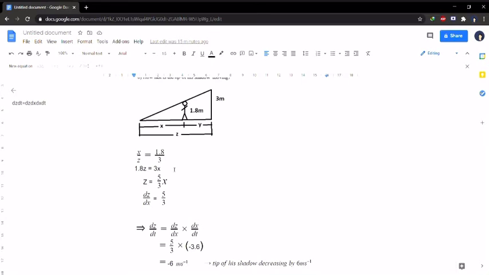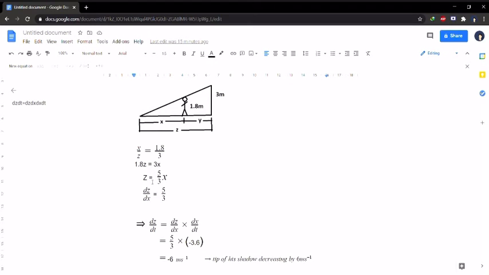So first of all we need to express Z in terms of X. X over Z equals 1.8 over 3, and then I got Z equal to 5 over 3 X. So we need to differentiate Z because we will need to use it in the next step.